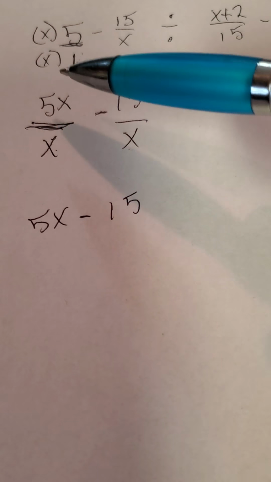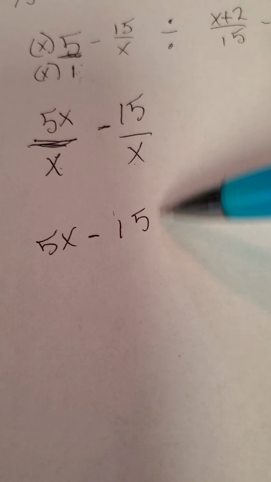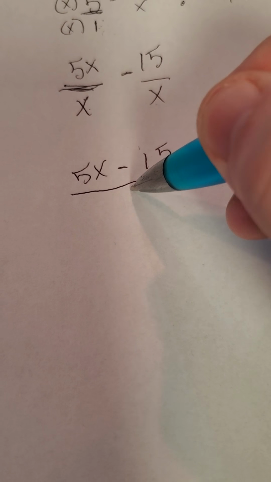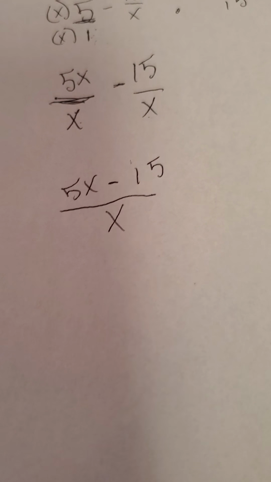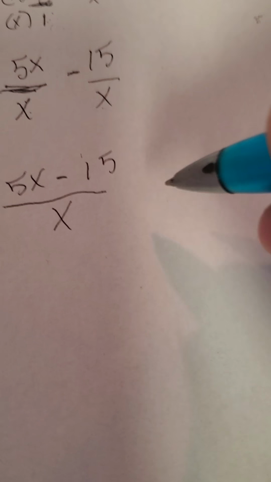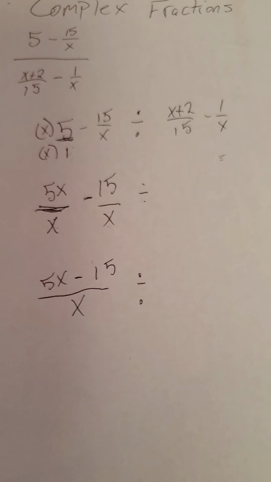You're only putting together the numerator, 5x minus 15, and that'll be all over my LCM, x. Now we're going to copy down that division symbol just to stay organized.